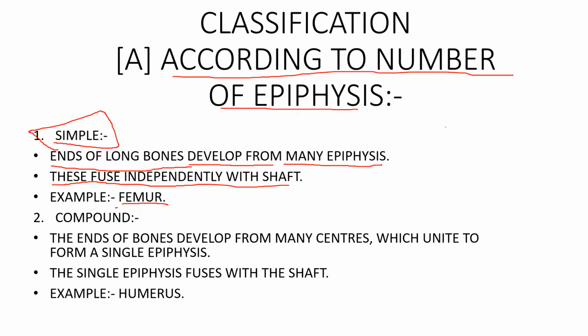If you try to understand it here, suppose this is one epiphysis, this is the other epiphysis, and this is the shaft of a bone.